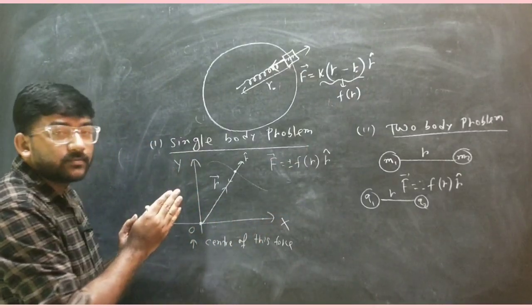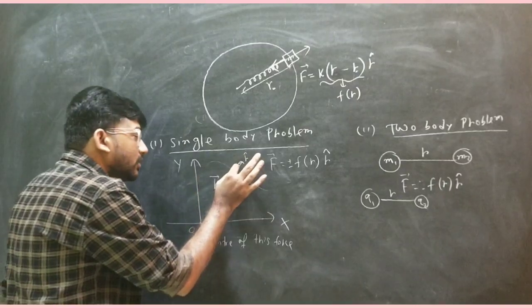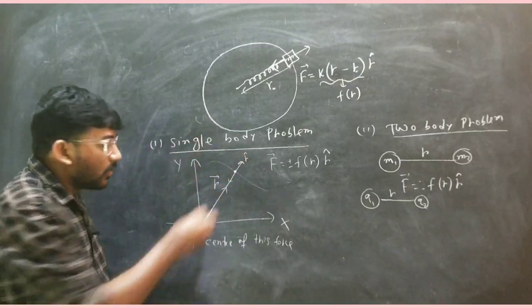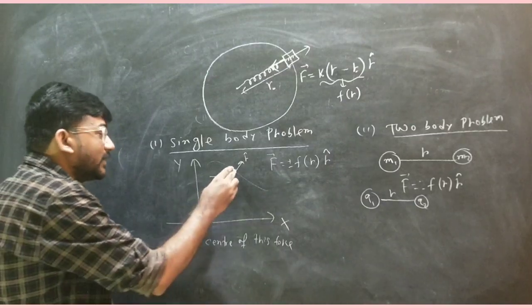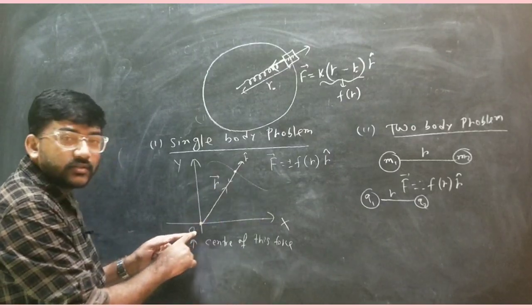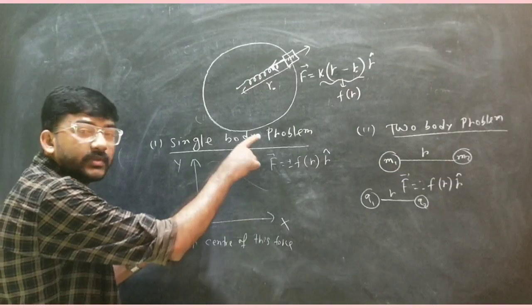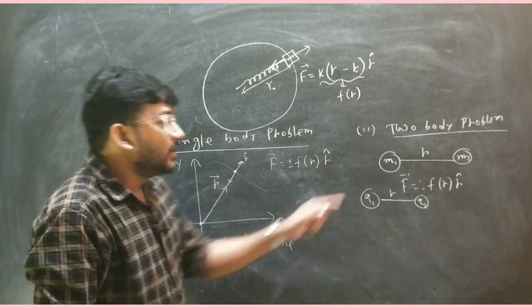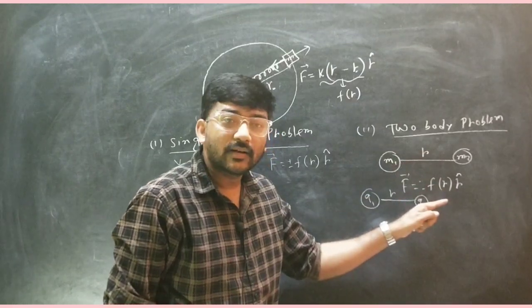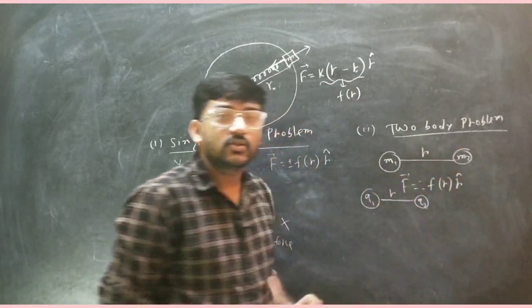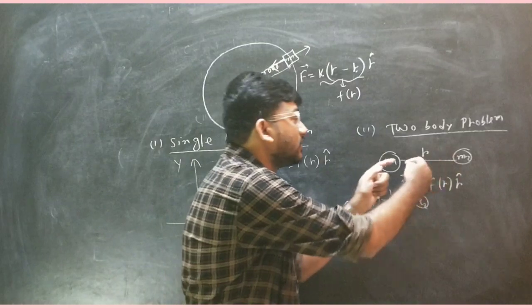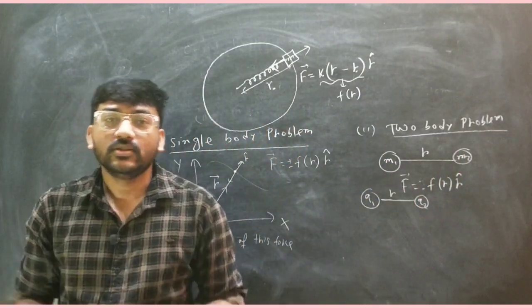For the single body system, we have an object of some mass moving with respect to some origin, and with respect to this origin the force is either away from it or towards it. And here the force again depends on r, but this r is the mutual distance between the two objects, and the force is along the line joining the two bodies.